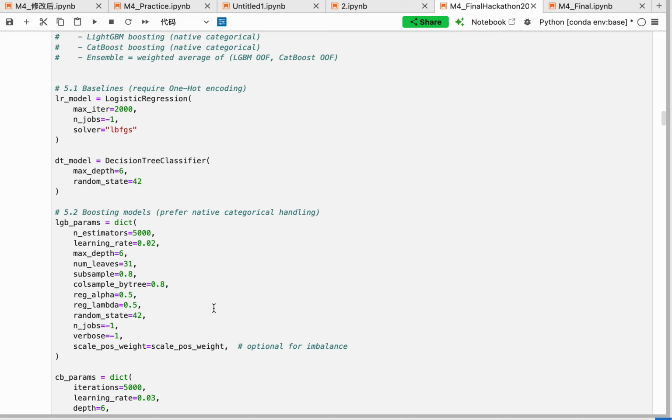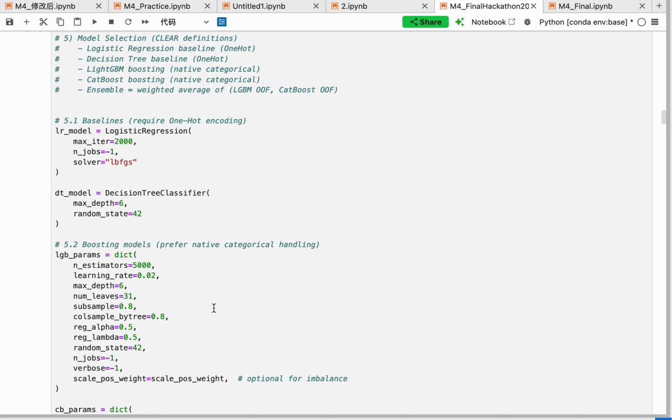And what did I do to assess and improve model fit? To properly assess model fit, I used stratified cross validation, as I mentioned, since the data is imbalanced.